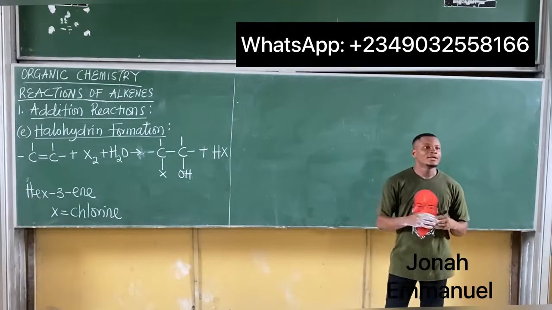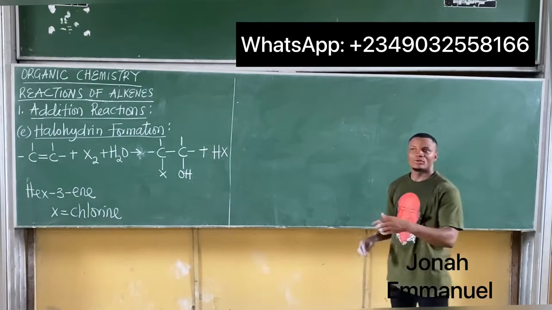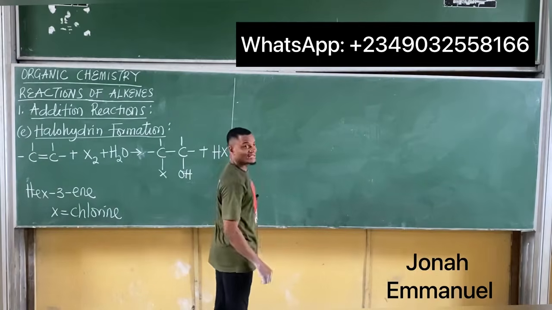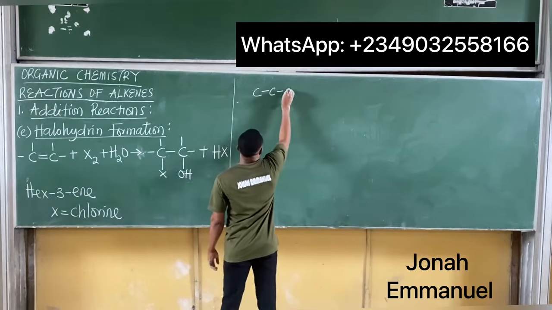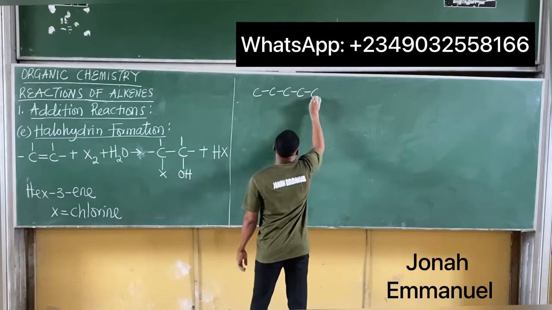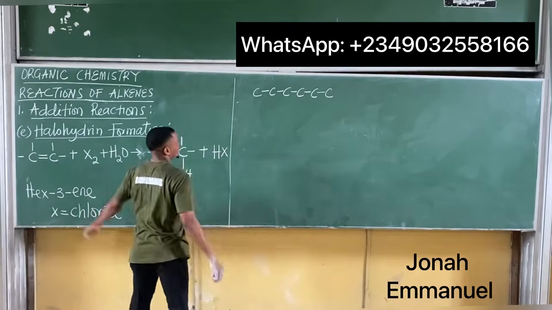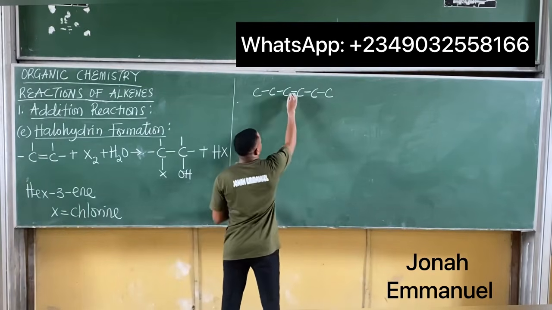So look up. The stuff is simple. What's the first? Hex. How many carbons there? 1, 2, 3, 4, 5, 6. They say hex-3-ene. To carbon 3, 1, 2, 3, add a double bond.